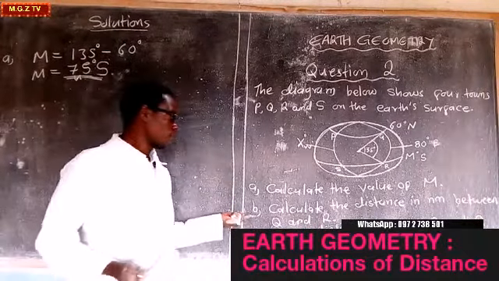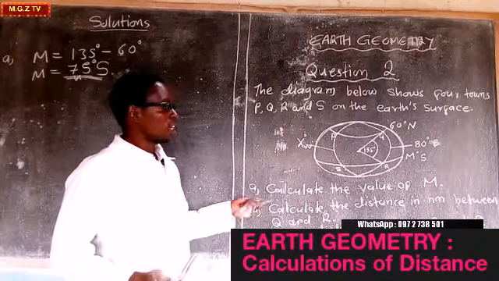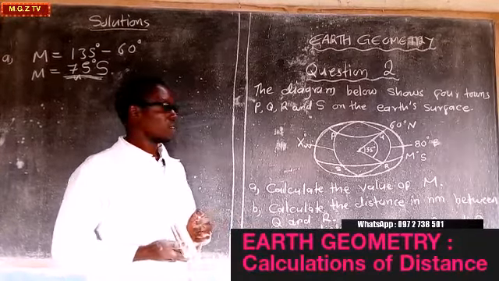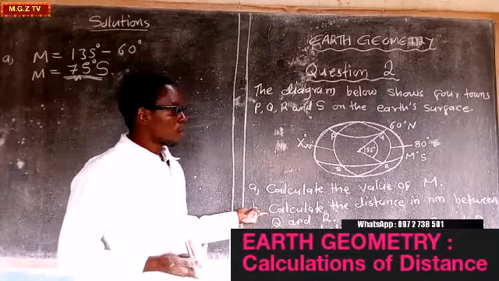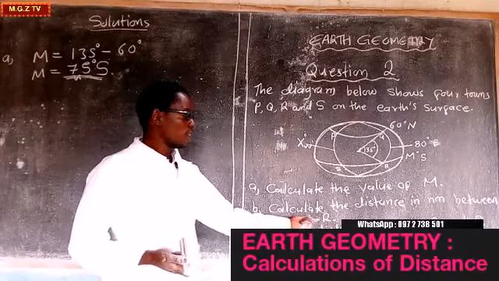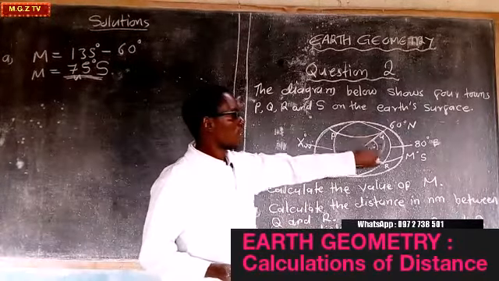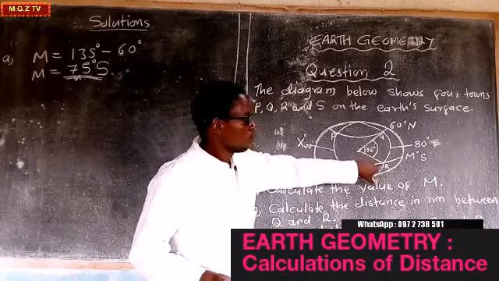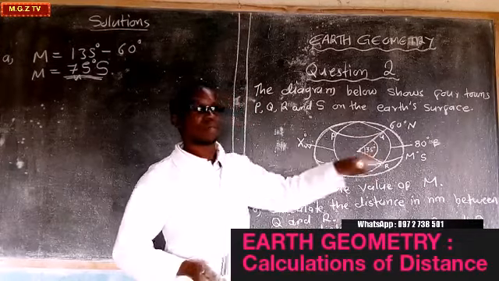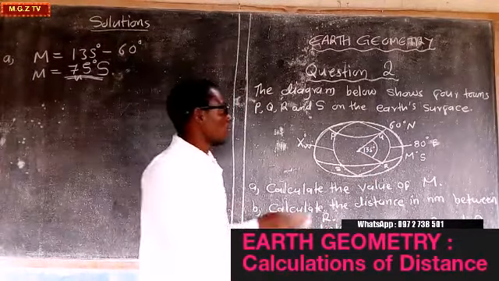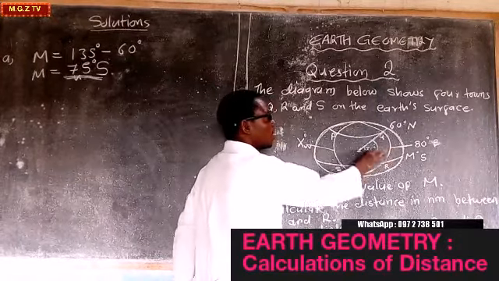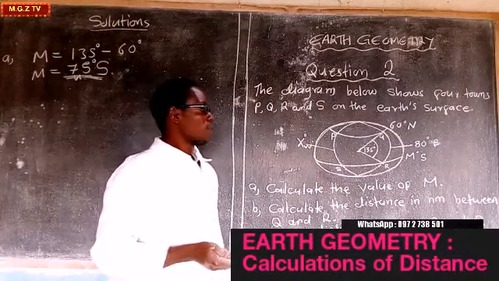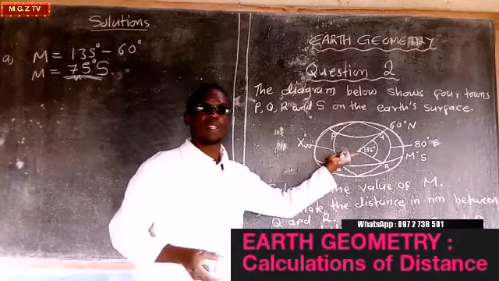Second, B, calculate the distance in nm, and we know that nm stands for nautical miles. So calculate the distance in nautical miles between Q and R. We calculate the distance between these 2 points along this arc. We know that this distance lies in a line of longitude. Therefore, the formula that we use does not contain a cos.